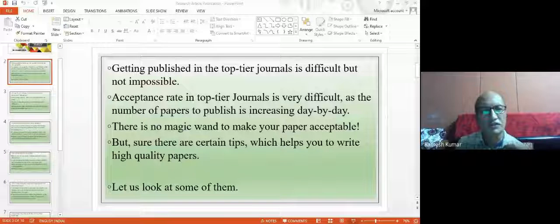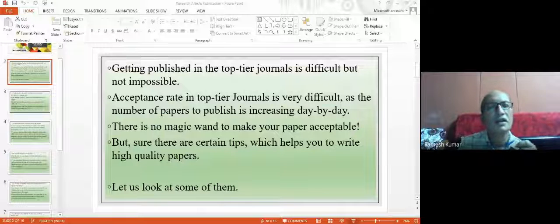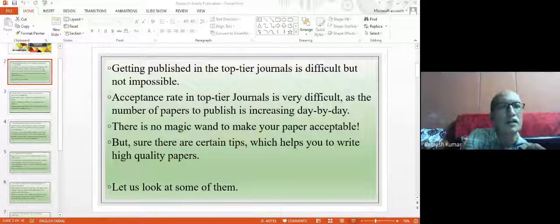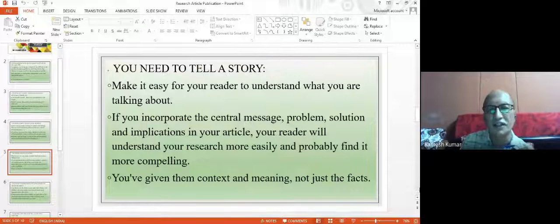Research needs to be robust. We have talked about. I think it must be next slide, sir. It ends with, let us look at some of them. There's no magic. That's a slide we are able to see. I think it must be next slide, what you're speaking now. No, I went to the fifth slide.